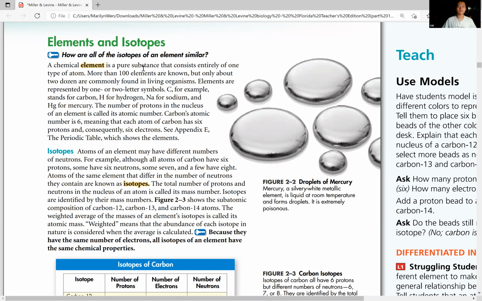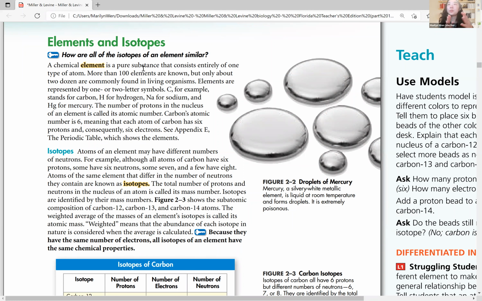And for each element, you know the chemistry table of elements, right? There's only a set number of elements. And what's different between one element and another is the number of protons they have. So if you change the number of protons in an atom, you change the element of that atom, and they behave completely differently.